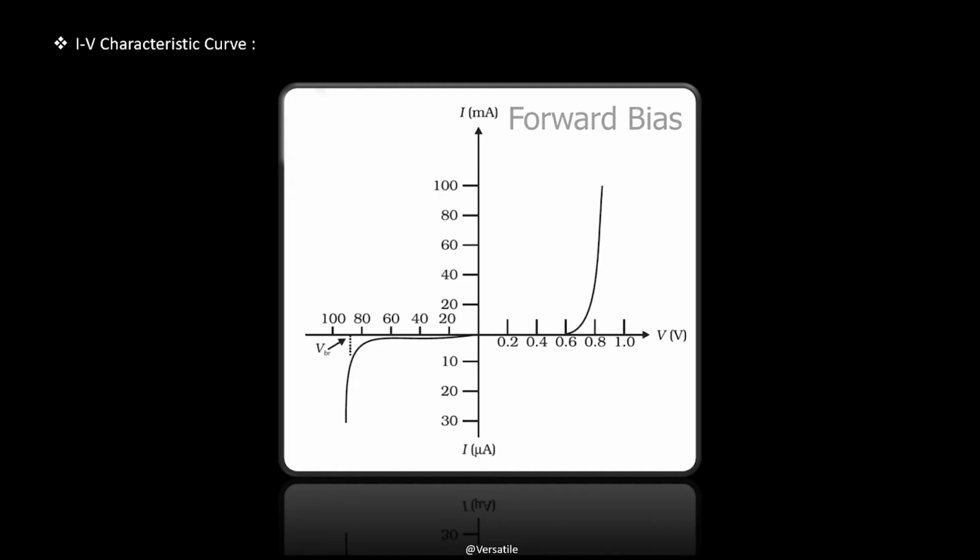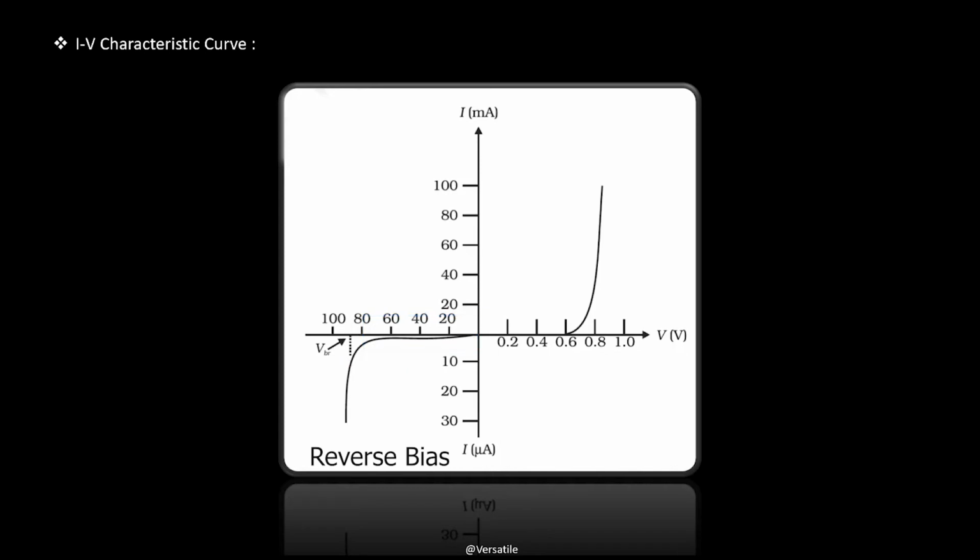junction diode. And for the reverse biased condition, there is a very small current due to minority carriers which flows in the opposite direction, therefore known as reverse current, denoted by Is. And when the reverse voltage is increased, the reverse current remains almost constant till a characteristic voltage called the breakdown voltage is reached.